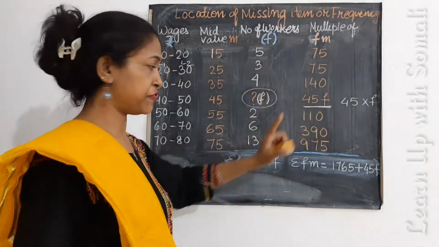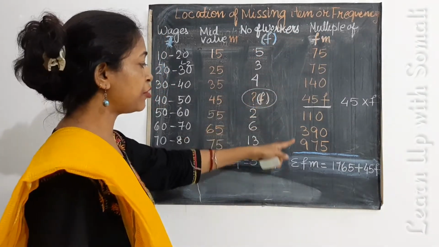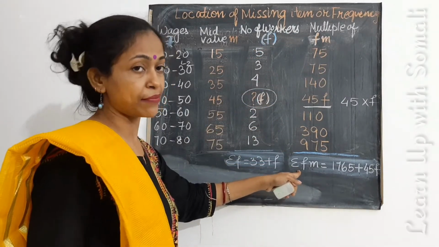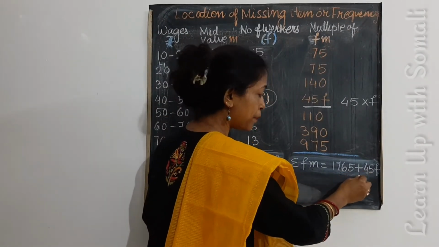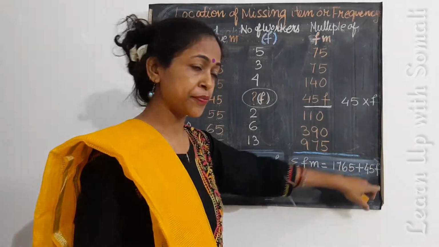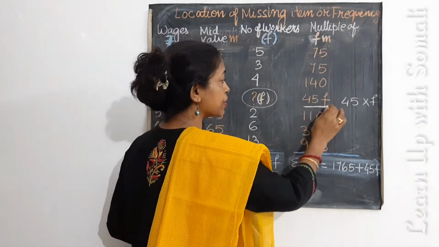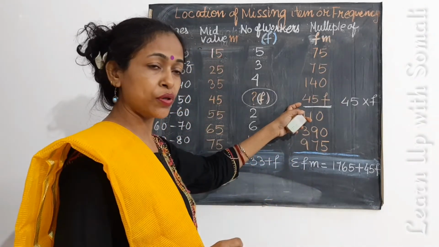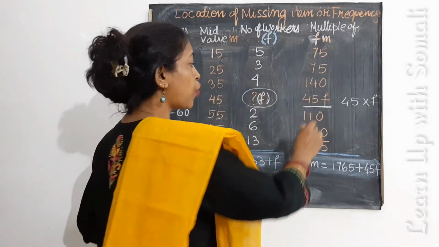That is 45F. So in this way we have multiplied and we got the total summation Fm, which is 1765 plus 45F. Why have we written this in this way? Because this number is not a proper whole number. Here F is an unknown item which we don't know.